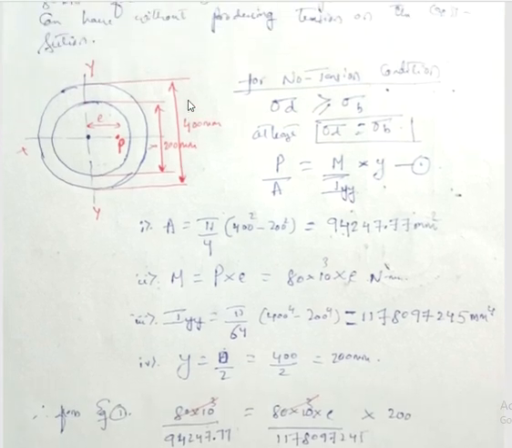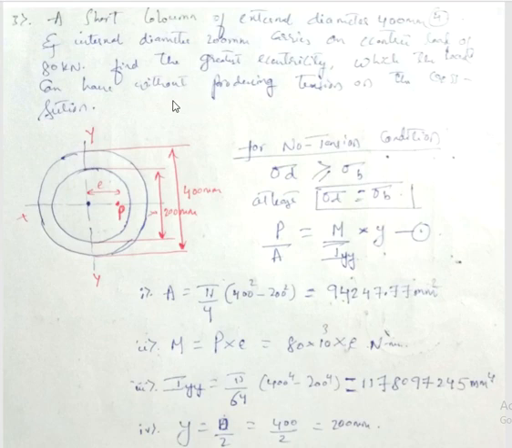If I explain the problem, he has given the column having an outer diameter of 400 mm and internal diameter of 200 mm. I am going to apply a load on this column, say along the x-axis, having eccentricity with respect to the y-axis.